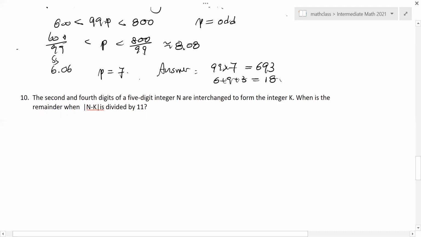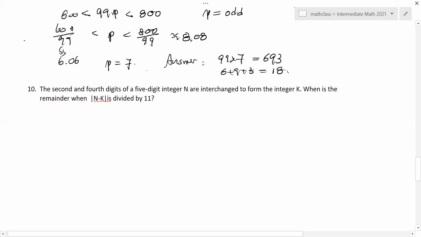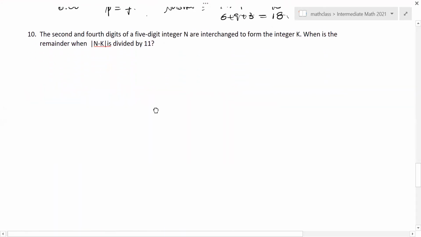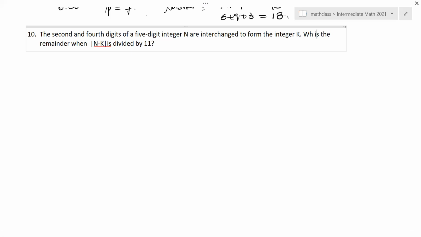So the question is, what is the remainder when this number is divided by 11?